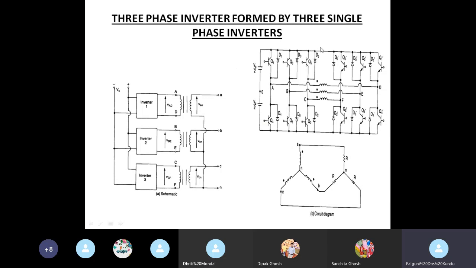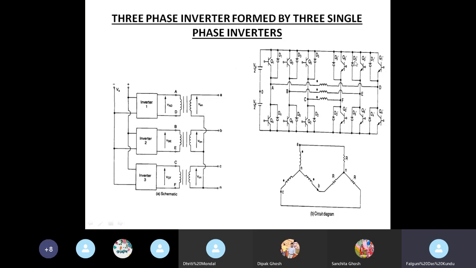So this is a group of inverters, and this is working for the positive half, and this is working for the negative half, and its imaginary part here, Q1 dash, D3, Q3 dash, Q5 dash, similarly Q4 dash, Q6 dash, Q2 dash.